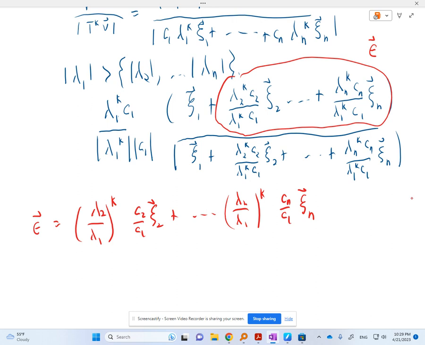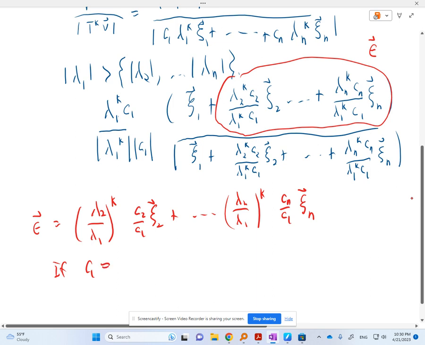Now, if you notice, as long as c1 is not 0, since lambda 2 is less than lambda 1, I'm going to have lambda j over lambda 1 to the kth power.